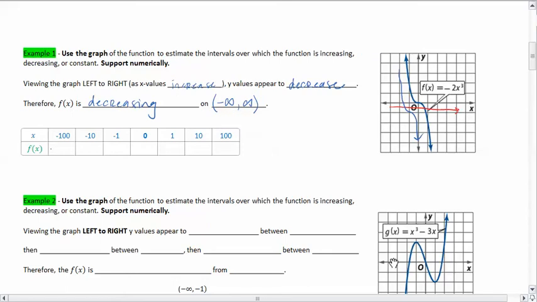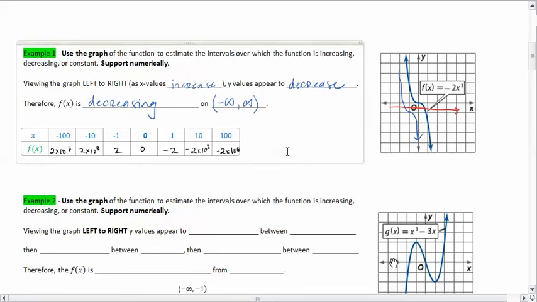We get positive 2 million, then positive 2,000, then 2, 0, negative 2, negative 2,000, negative 2 million. So it looks like the entire time we're following this pattern, we start out really, really big and we get really, really small. So we'll agree, yes, check. We are decreasing. We checked it numerically.